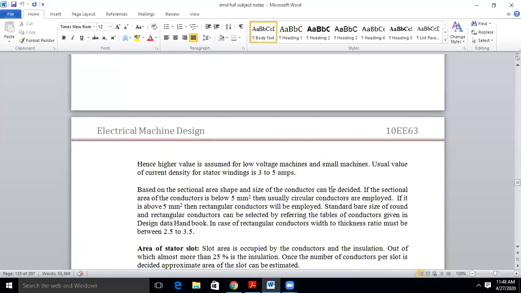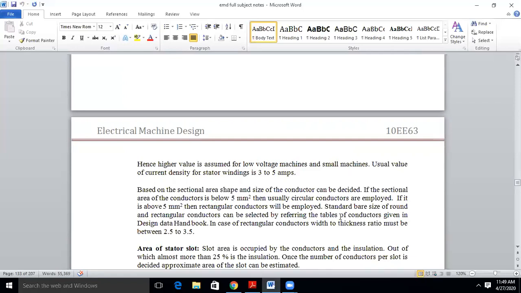If the sectional area of the conductor is below 5 mm square, then usually circular conductors are employed. If it is above 5 mm square, then rectangular conductors will be employed.